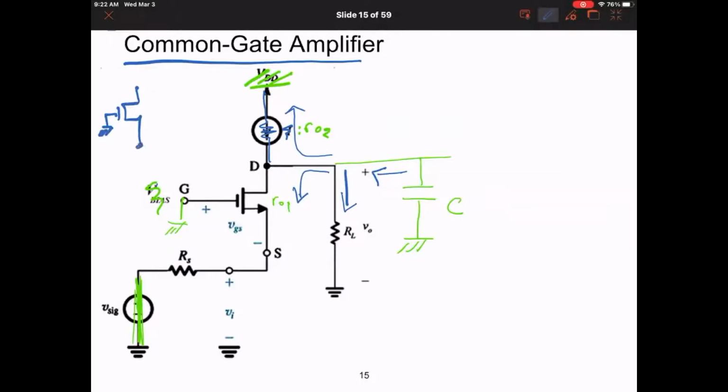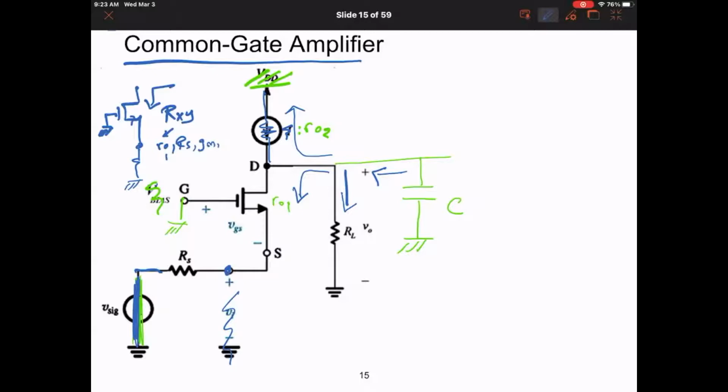Okay, and at the source node, what do I have? We have RS. Do we know this equation? What is this? It's the RXY, the RX that depends on RO, RS and GM, right?